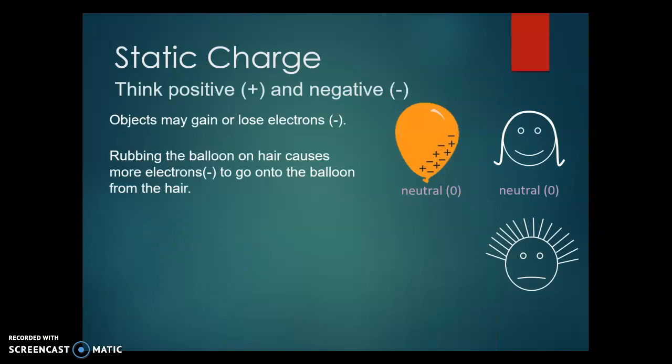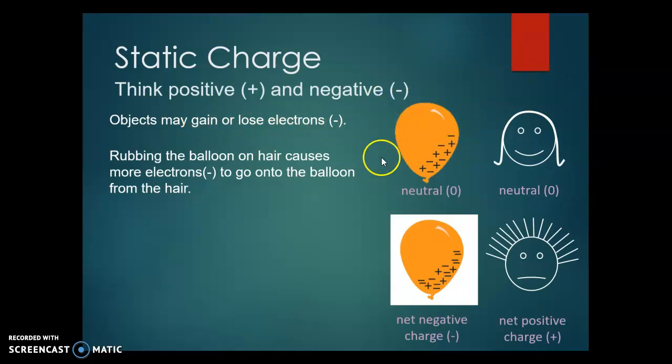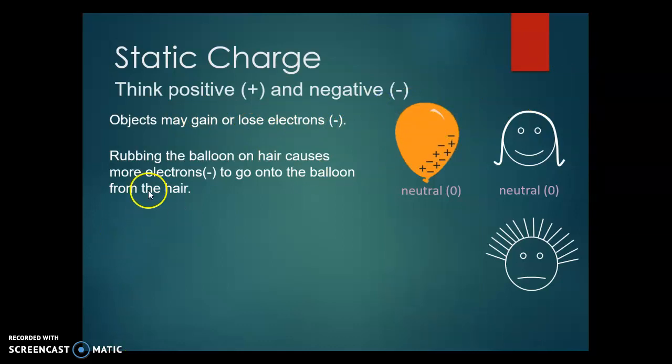So think of it like this. Again, you have positive and negative charges. Objects may gain or lose electrons from one surface to the other. Okay, so for example, rubbing the balloon on hair causes more electrons to go onto the balloon from the hair. So right now they're both neutral. The balloon's fine, and let's call her Sally right here, her hair is fine.